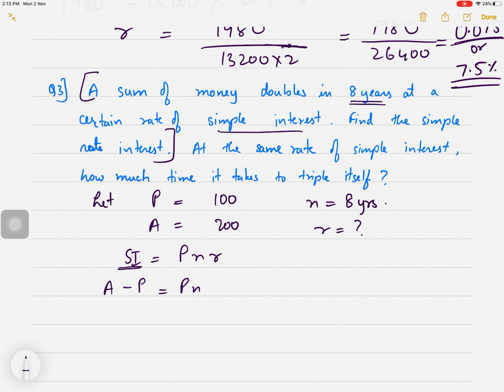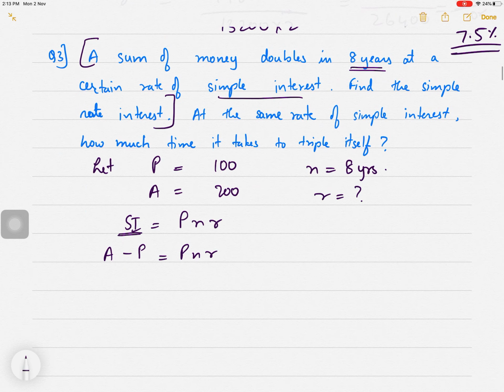Correct? So amount minus principal means 200 minus 100. And P into N into R. P is 100. N is 8 years. And R you don't know, you have to find out.